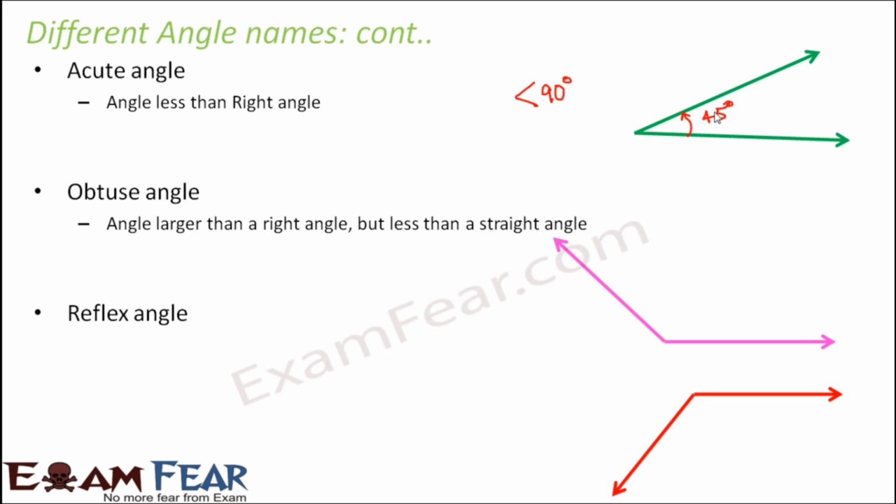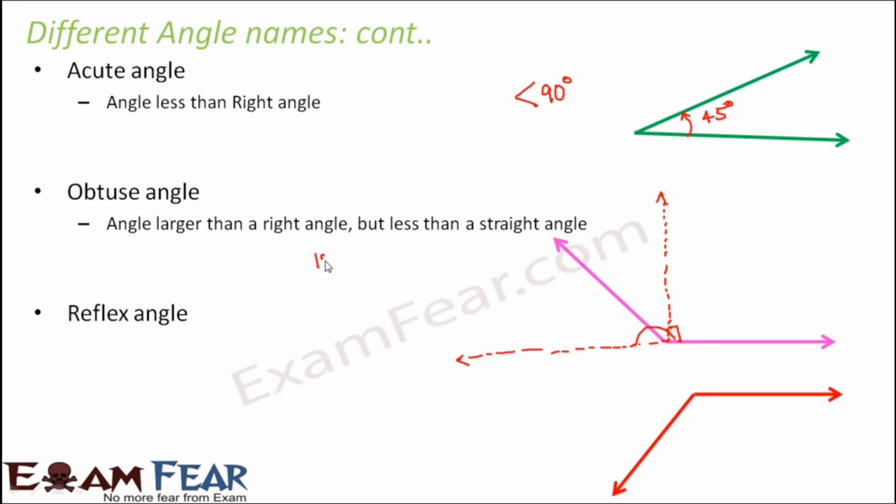When we say obtuse angle, this angle is larger than a right angle but less than a straight angle. So a right angle would be somewhat like this. And what is a straight angle? A straight angle would be like this. So anything between the right angle and the straight angle, somewhere here.